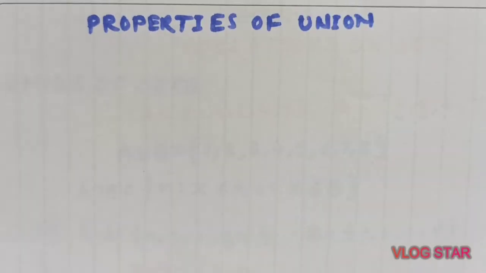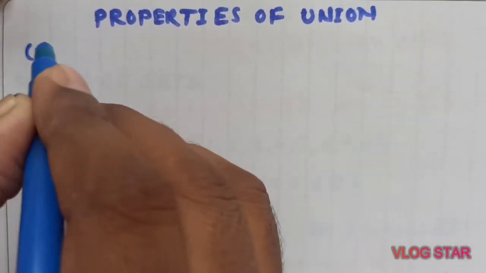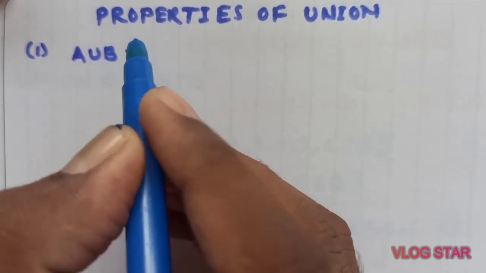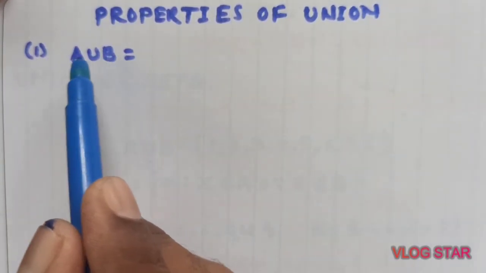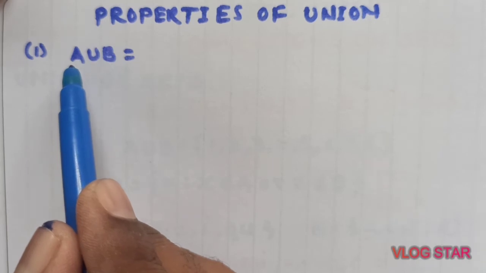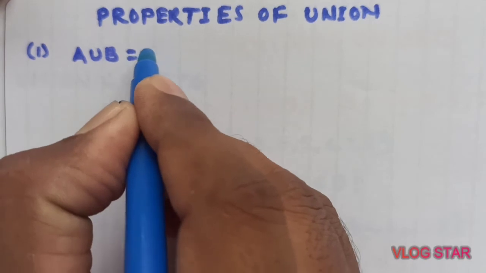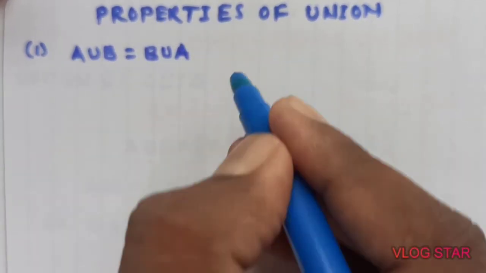Check out some properties of union of two sets. First is, suppose A union B, meaning we are combining A and B. What will be the answer of B union A? It is the same, because anyhow we are combining two sets. So A union B would be the same as B union A. What property is this?